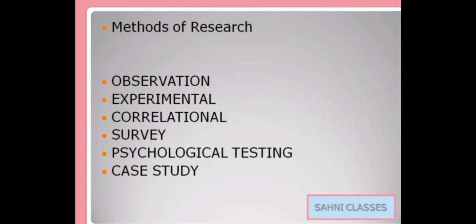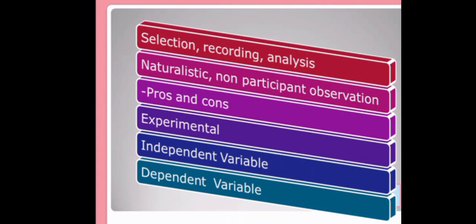A careful observation of a particular event or a person helps us in understanding a particular behavior. This understanding gives us a choice to select that behavior for further study. Then we record that selected behavior in great detail. Later, the analysis on the same is done.